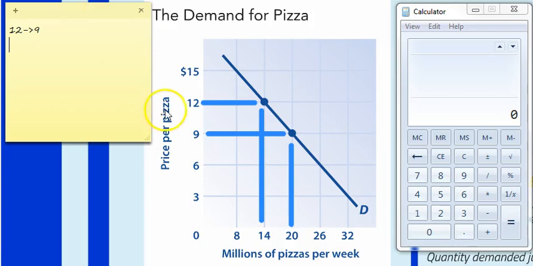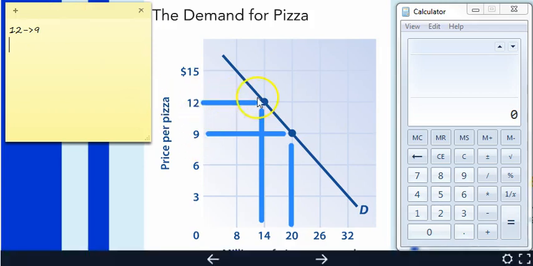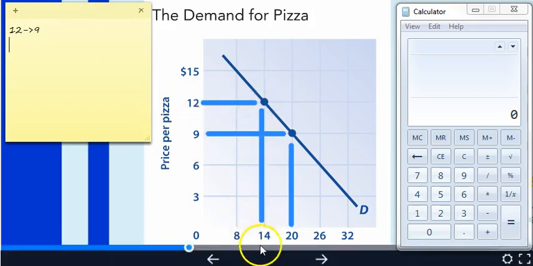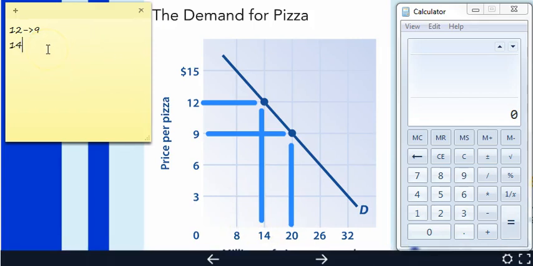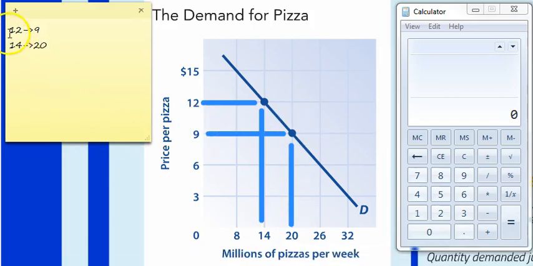At $12, we're at 14 million pizzas per week, and at $9, we're at 20. So up here it's going to be our price, and down here it's going to be our quantity.